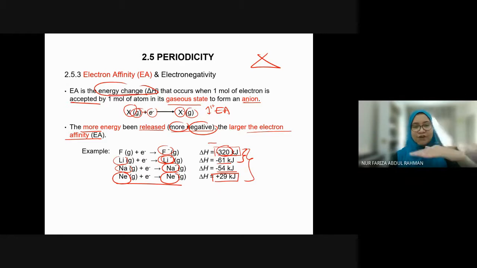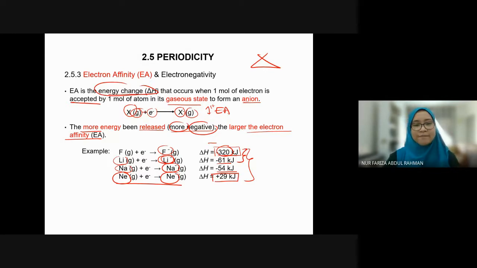So maksudnya neon tu initially dah stable. When it accepts electron to become neon minus, the energy becomes higher. Okay, daripada sini jadi ke sini. Maksudnya to go from here to here, it requires energy. That's why they absorb energy. Okay, all right. Hope you guys understand what it means by energy change.